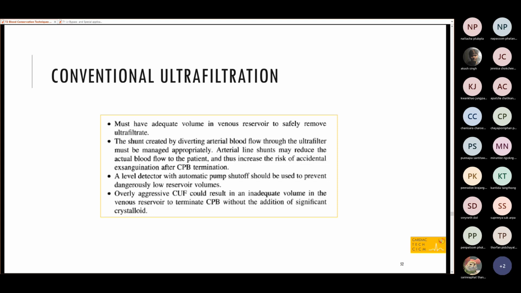And as I have told you, we have made a shunt or extra circuit from the main circuit, so it separates the blood flow, and we need to stop this shunt when we are weaning from CPB, because it deters blood support to the patient. Also, for safety, we need to put a level detector on the reservoir.